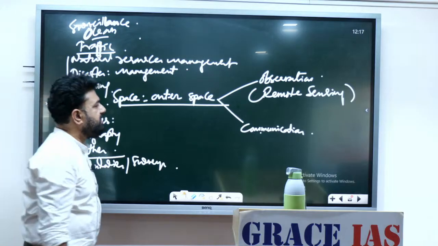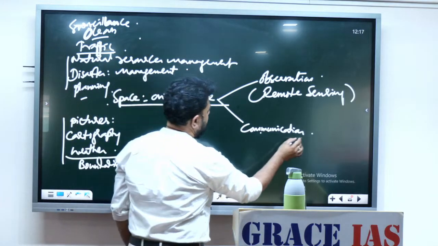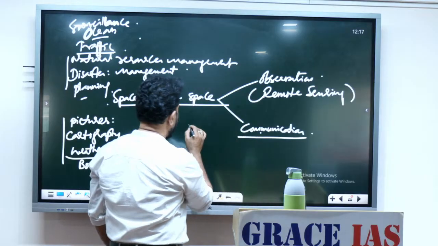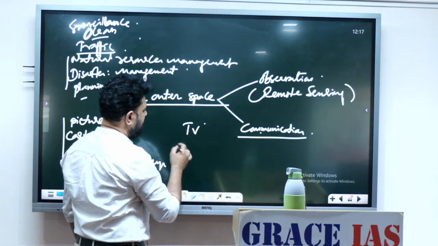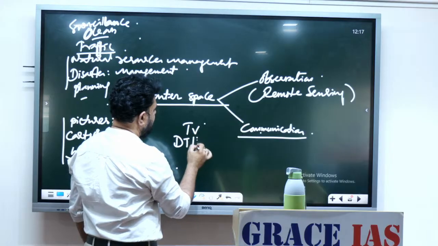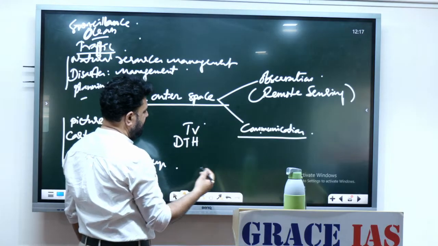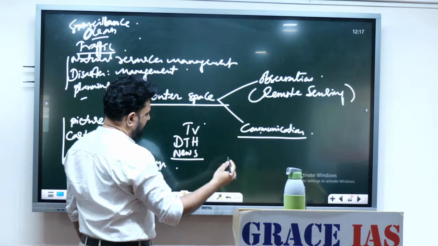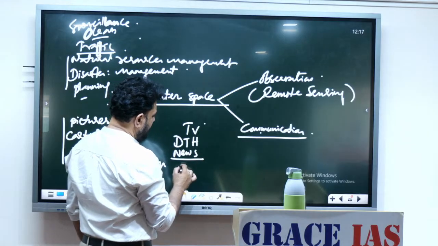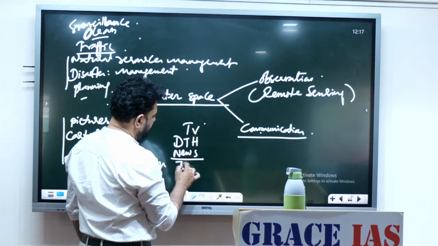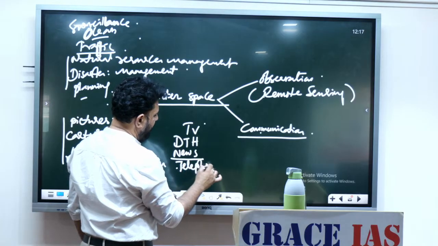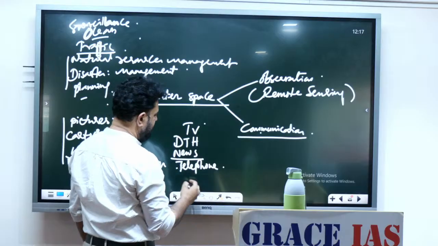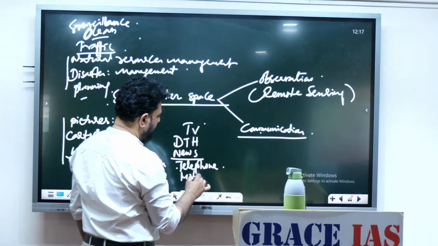Yes, and also communications, long distance communications, for example television broadcasting here, and DTH services, entertainment, recreation, and news broadcasting here. And then of course you have something called the telephone. Earlier we had a telephone, yes, telecommunications, and then now you have mobile.